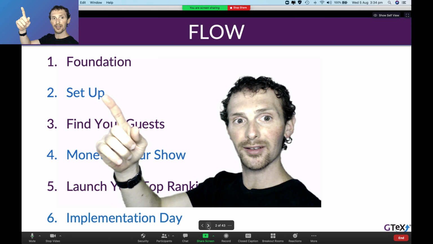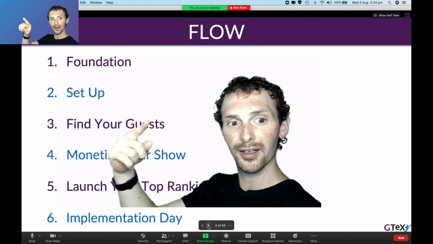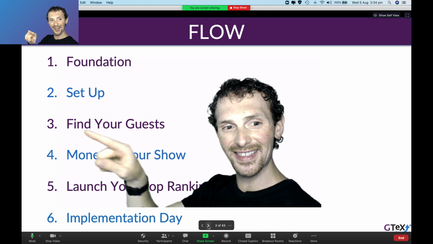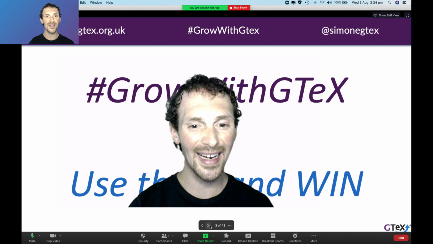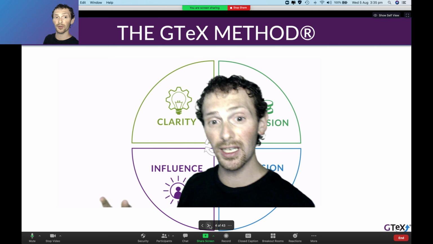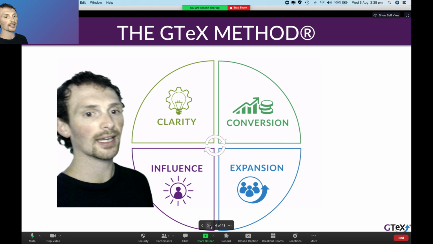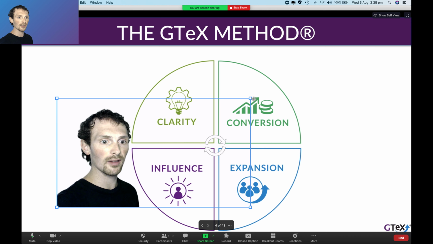I need to become better at this. You can work on your foundation. Then we are going to how to set up, find your guests. Here you go. Monetize your show. And then I got my hashtag. And so if I'm explaining, for example, a slide about the GTeX method, I can go on one side. Or if it's too big, I can make myself just a little smaller.